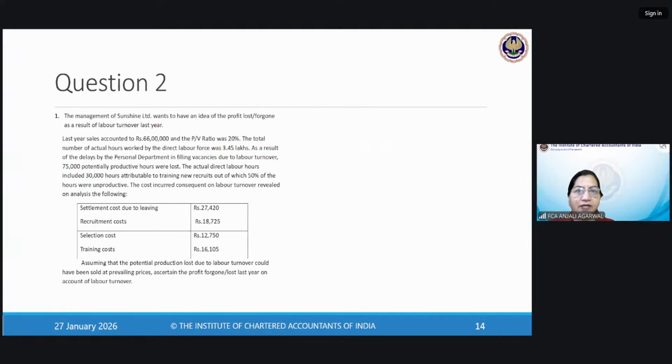Now we do one very interesting question on the basis of this labor turnover only. The management of Sunshine Limited wants to have an idea of the profit or loss which is foregone as a result of labor turnover.